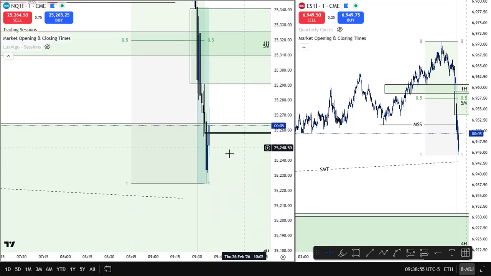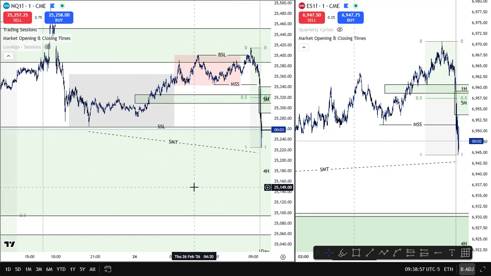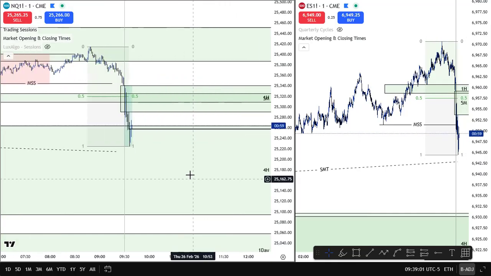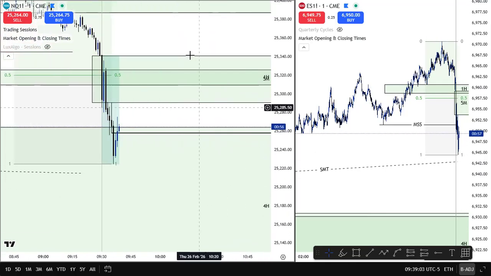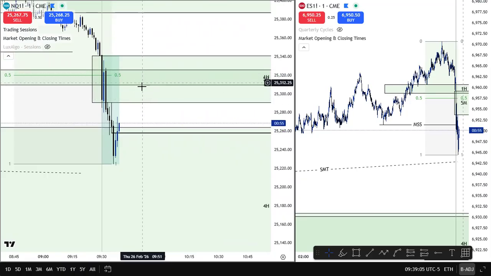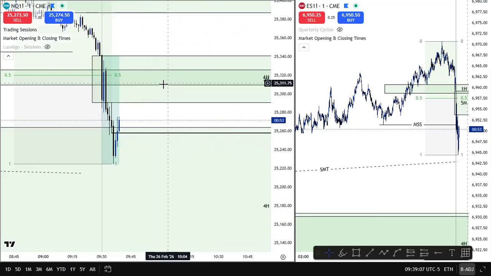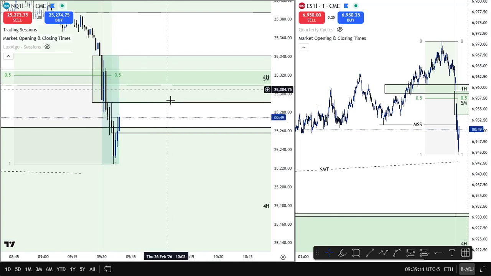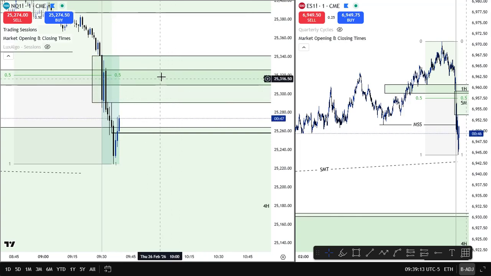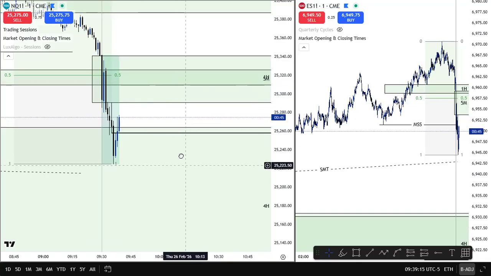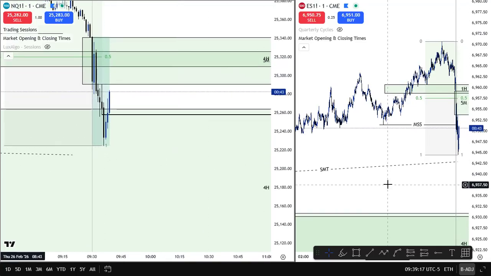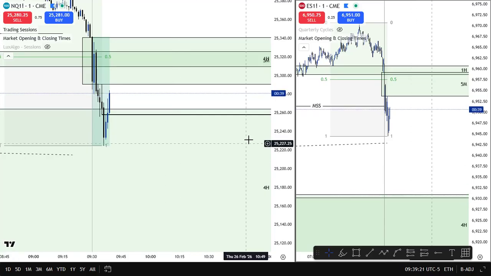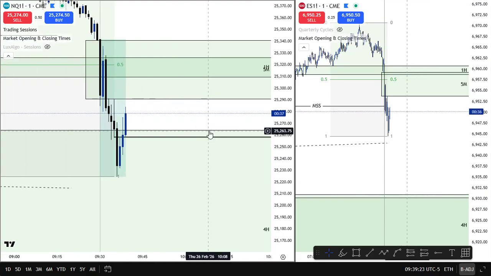If I want to enter shorts, then I want to see price coming back into the range, forming high time frame structure here, and then perhaps waiting for some sort of inversion or lower time frame, like 3 minutes, 5 minutes time frame, a Y2020 model. Then I'll target this sell side at least on YES.